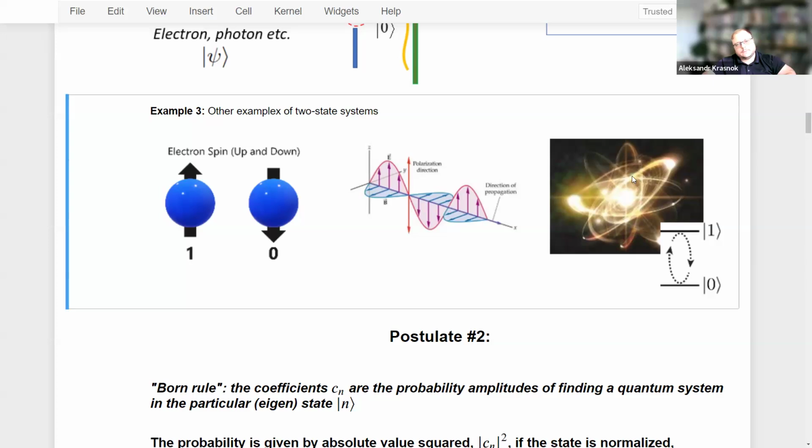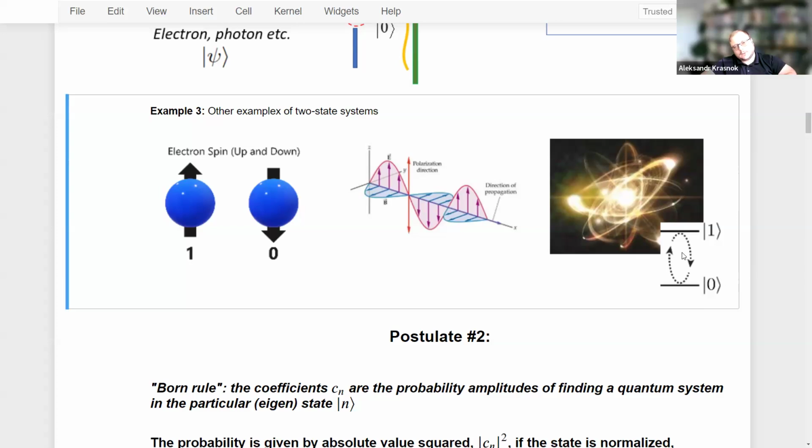And the last example, which is schematically presented here, is an atom. It can be a natural atom or an artificial atom. Any atom is a system with discrete electron energy levels.